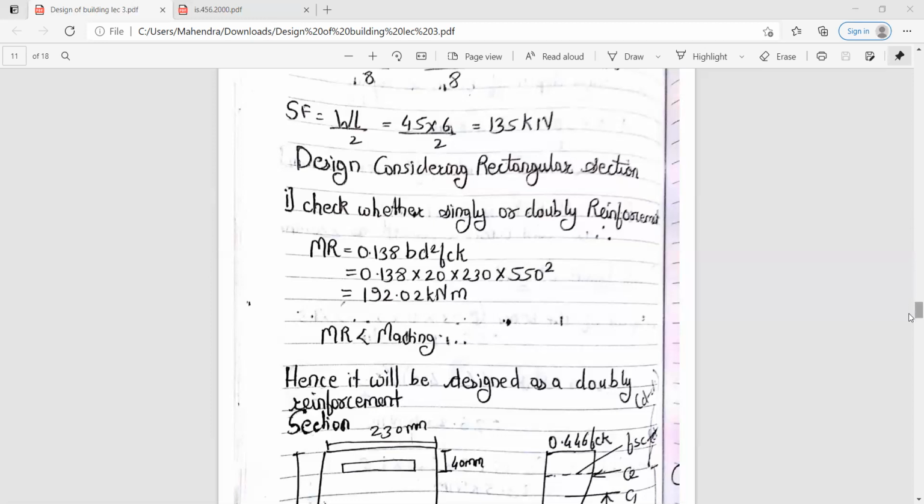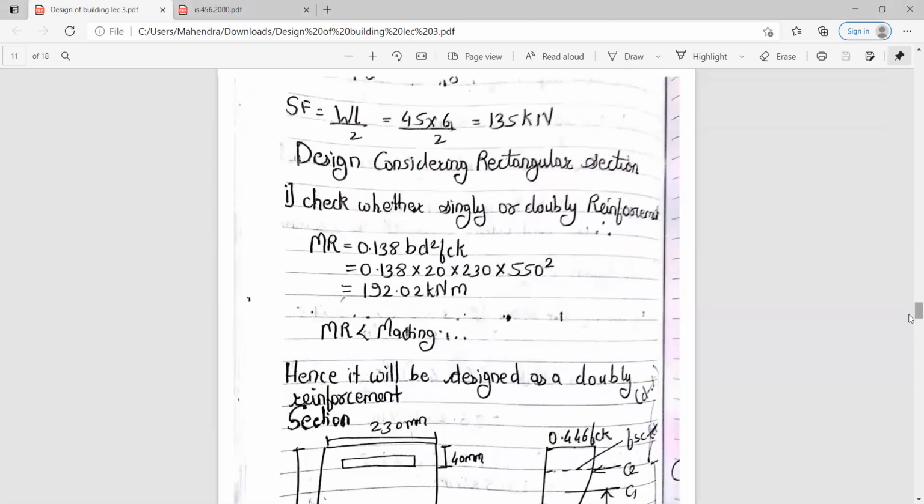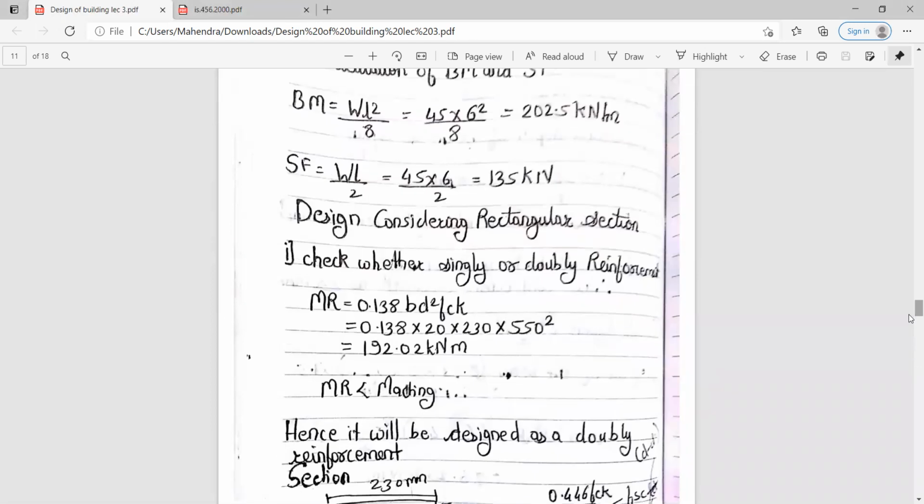As moment of resistance is less than moment acting. Moment acting कितना है? Bending moment acting on the particular section is 202.5. So it is less than that. So we will design for the doubly reinforced section. So solve up till here.